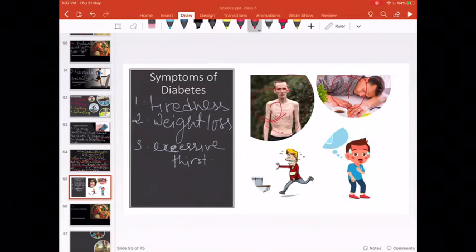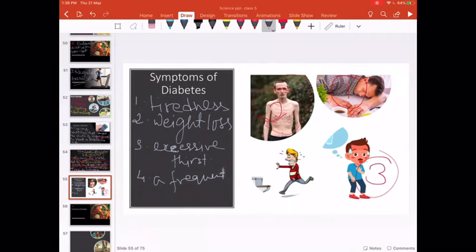See this, so this is the third symptom. The person will feel excessively thirsty. And the fourth is a frequent need to urinate.